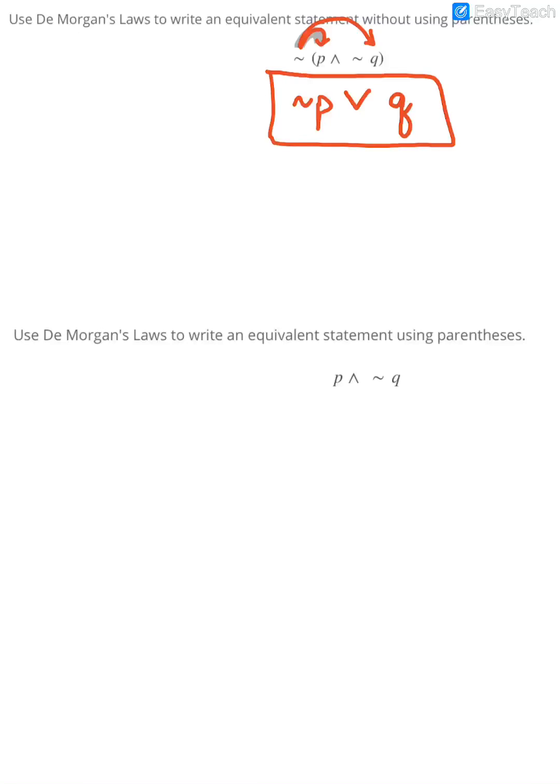Now, in this last one, it says use De Morgan's law to write an equivalent statement using parentheses. We just said with De Morgan's laws that when you distribute a negative, it's going to flip the symbol in between. So if the new symbol is an and, we know the original had to be an or. Then we just have to ask ourselves what needs to fit into this place and this place to give us our equivalent.